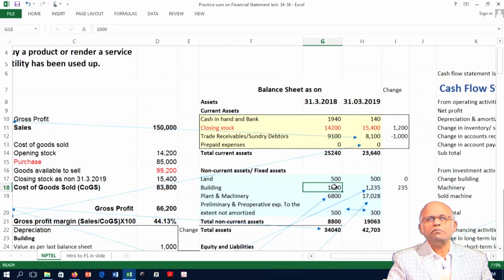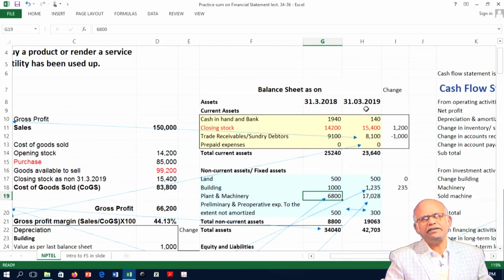This was the building net value. Similarly, plant and machinery, this was the book value as at the end of the previous year, 31/3/2018. For the current year, as on 31/3/2019, the value of the machine that will come on the balance sheet is the net value post depreciation.